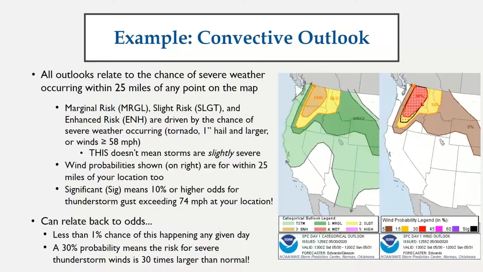So that's probabilistic information you can have right in your event, and you can relate that back to the odds of it occurring. If there's less than a 1% chance of this happening on any given day, which is quite true up here in Northeast Oregon or South Central Washington, a 30% probability means the risk for severe thunderstorm winds is 30 times larger than normal. And it's probably even larger than that, because it's probably much less than a 1% chance of this happening on any day.